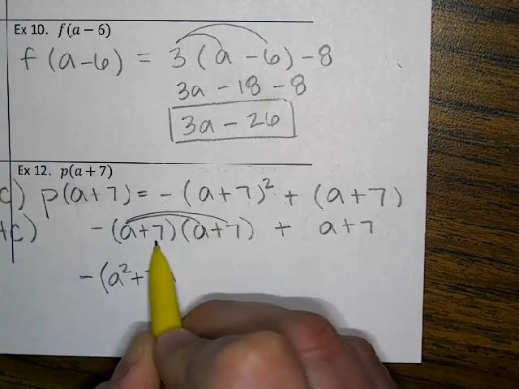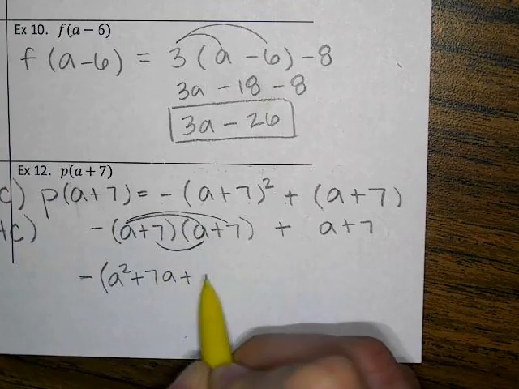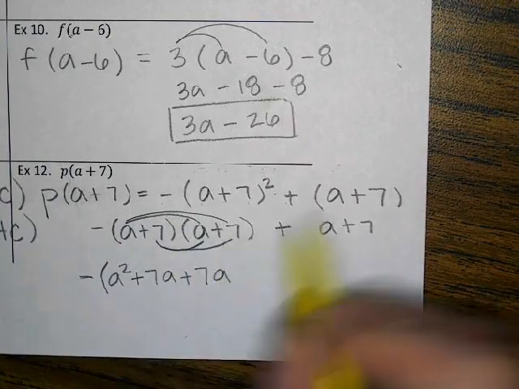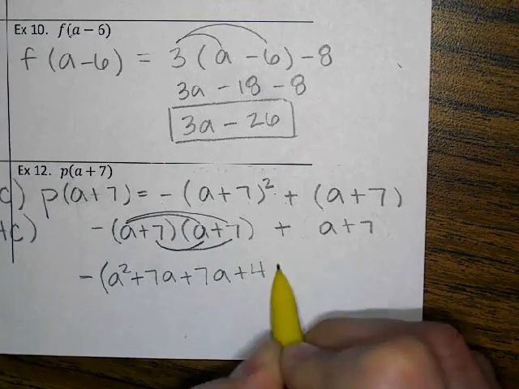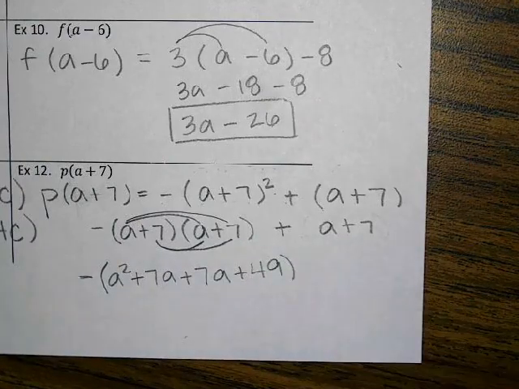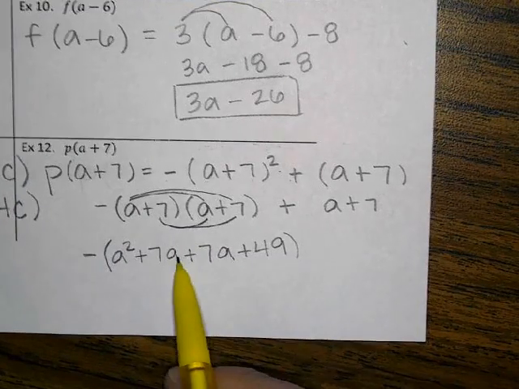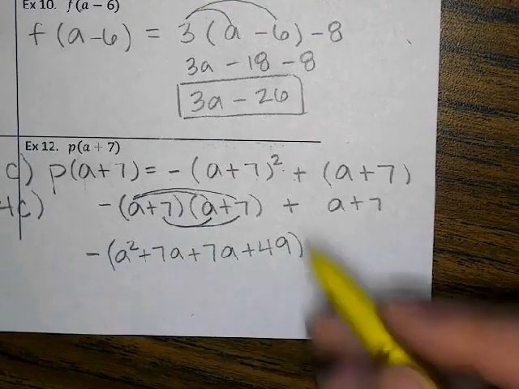And then 7 times 7 is 49. Okay. So if I put these two together, those are actually 14a.